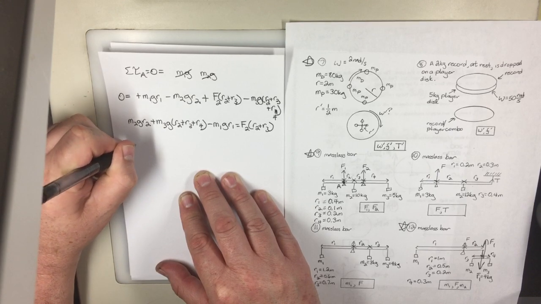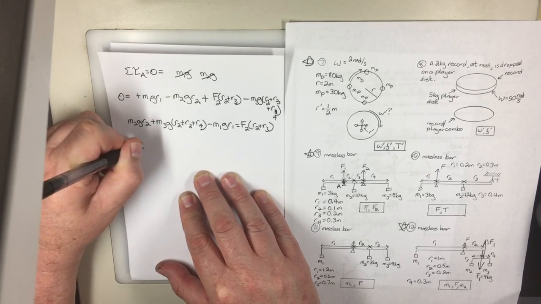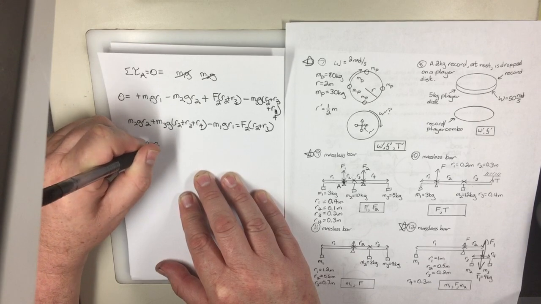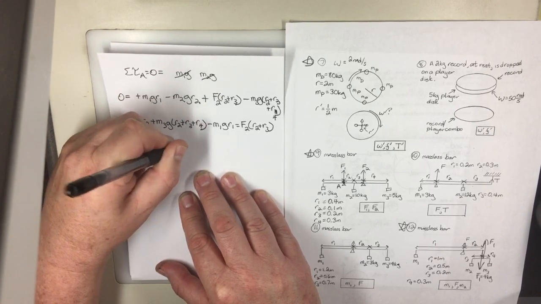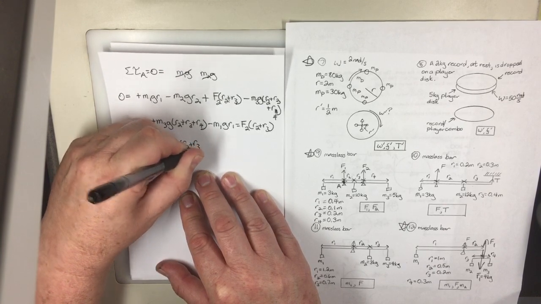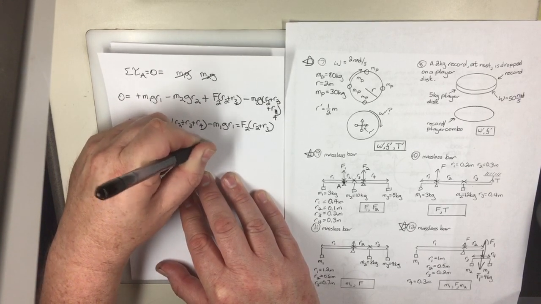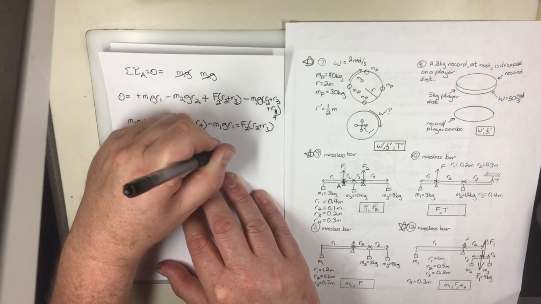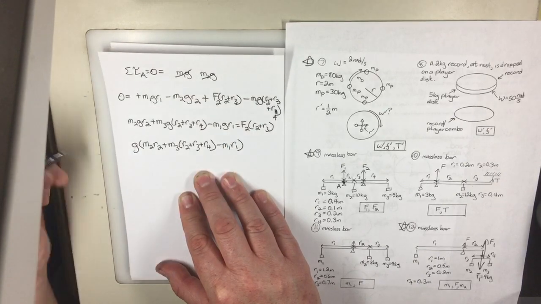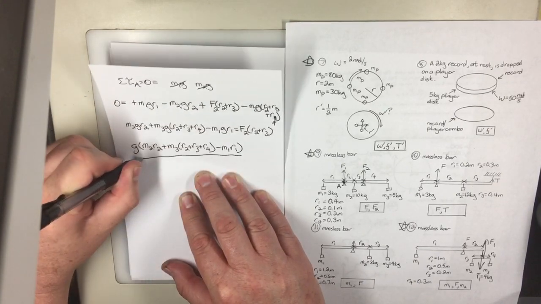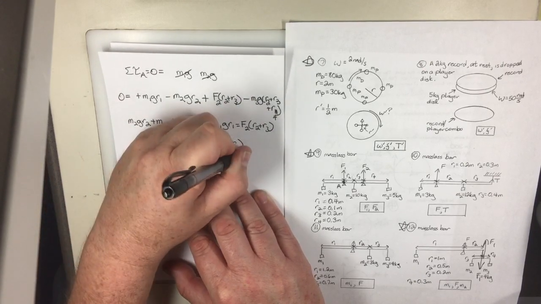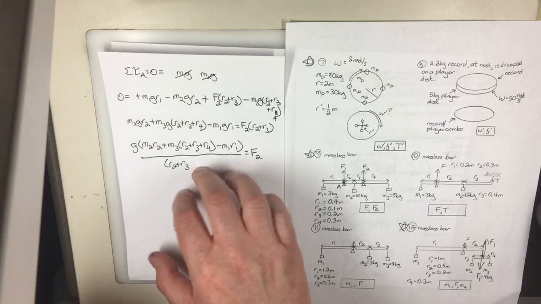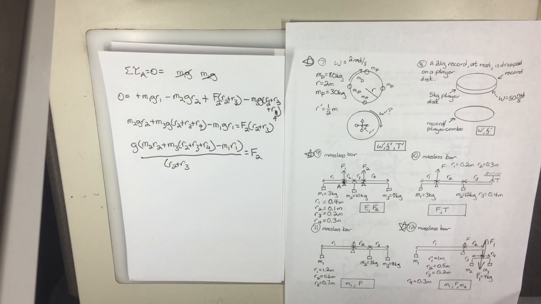Now factor out a G off the top: G times M2R2 plus M3 times R2, R3 and R4 minus M1R1, close, divided by R2 plus R3. And we get that.